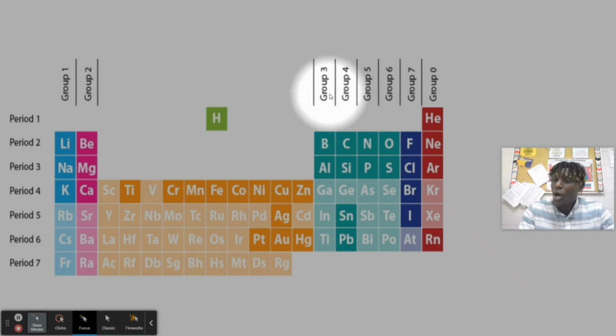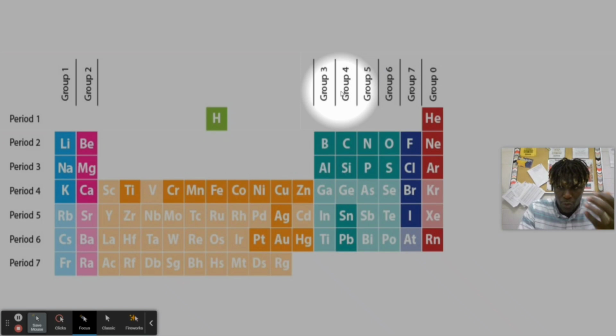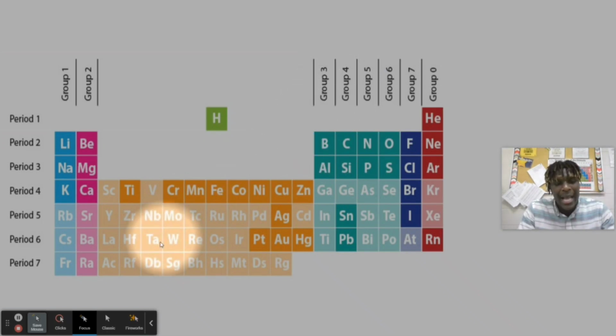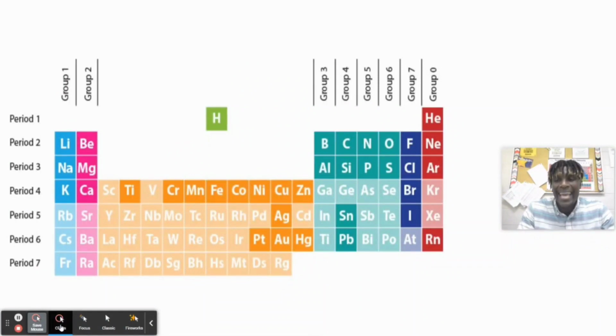Group 3 would be called group 13, right? But we are going to say group 13 is called group 3, a main group. Group 14 is called group 4, a main group. Group 15 is called group 5, a main group. So in general, we have 18 groups, but we have 8 main groups. And we have 7 periods.